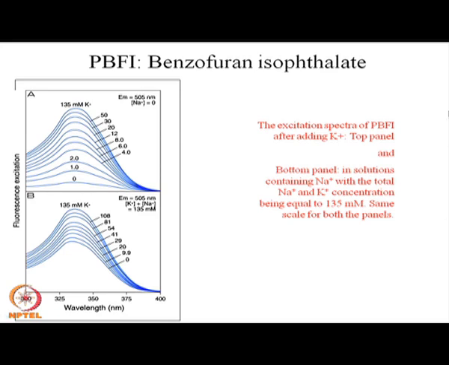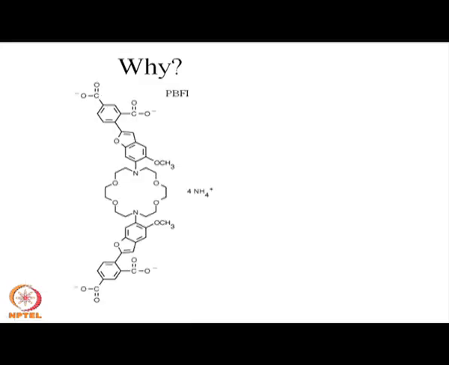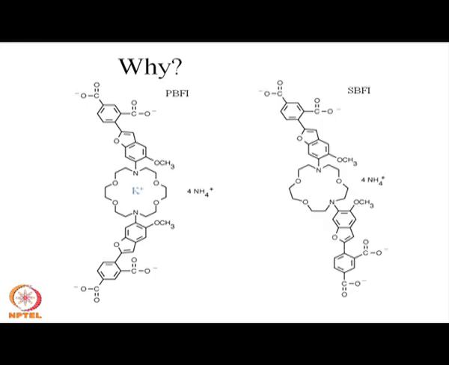So, exploiting this particular concept, we can selectively sense these different ions. Why is this happening? The thing is that this size is bigger, this size is smaller.